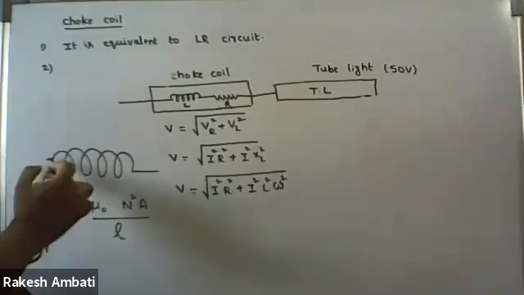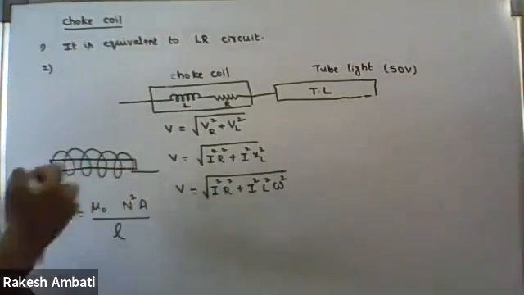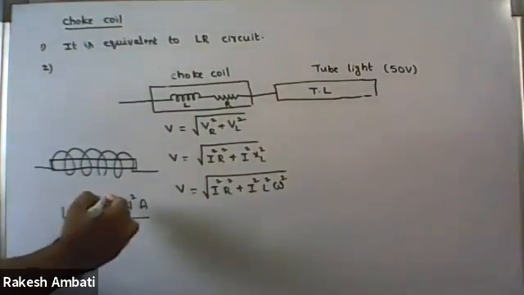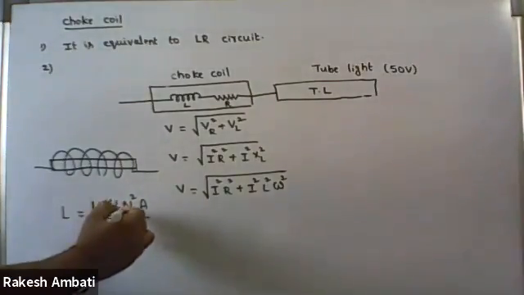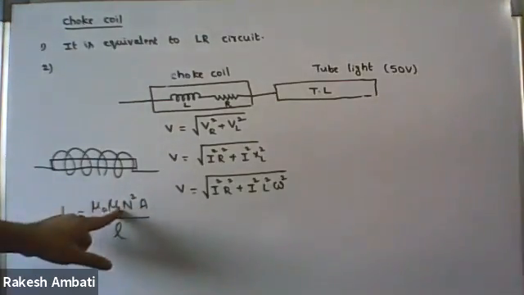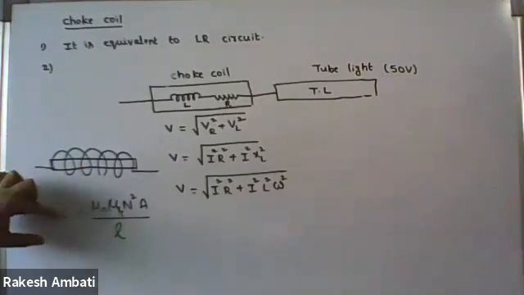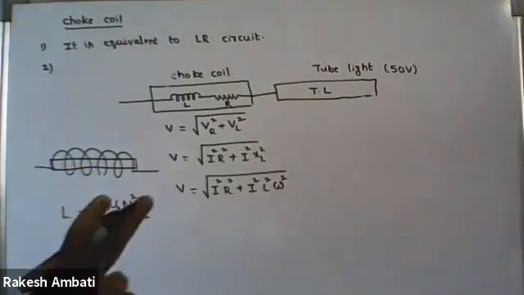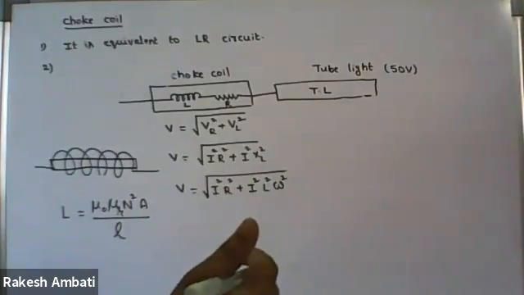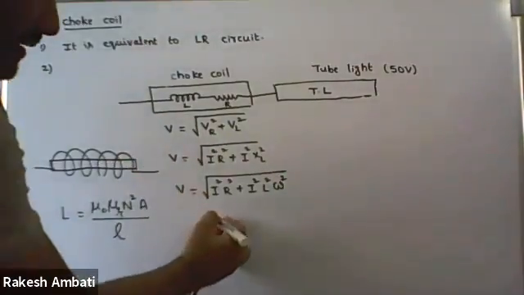By inserting a soft iron rod in between the turns, automatically the L value will be increased by mu r times. So this is the way to increase the self inductance. Got it? So the important point is, finally, I'm taking resistance small.